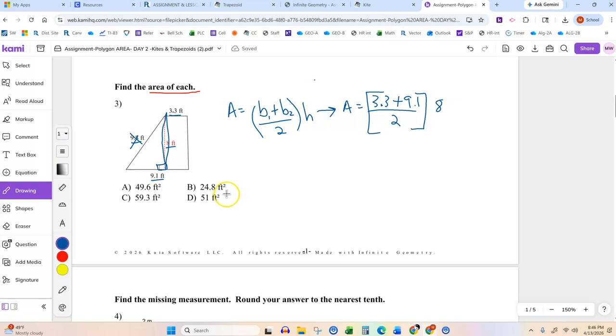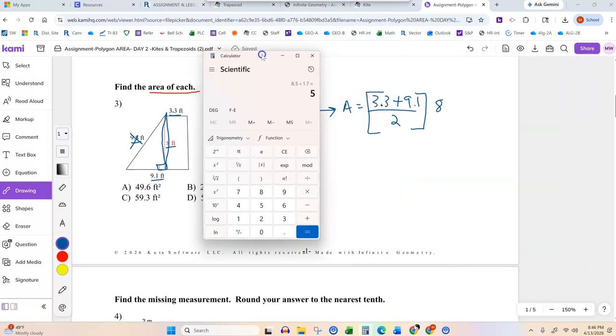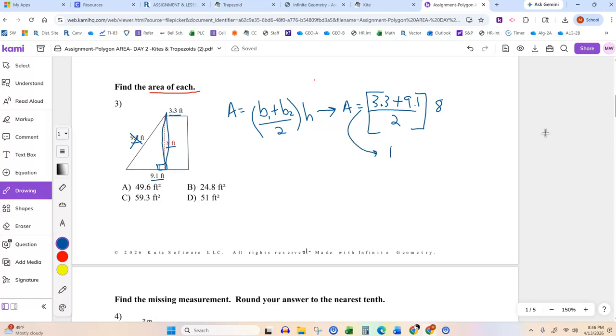Now, when you're calculating on this, it's very important to do the top first and hit enter. So 3.3 plus 9.1, and then hit equals or enter on your calculator. So you get 12.4 for the top part, and then you divide by 2, and then multiply by 8.